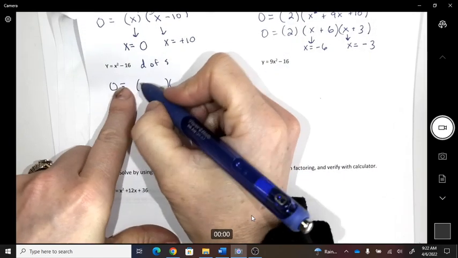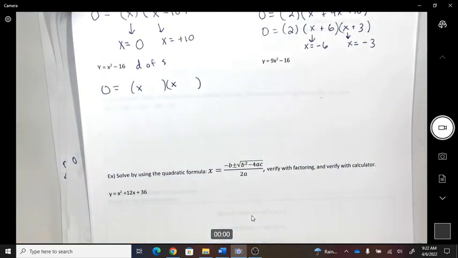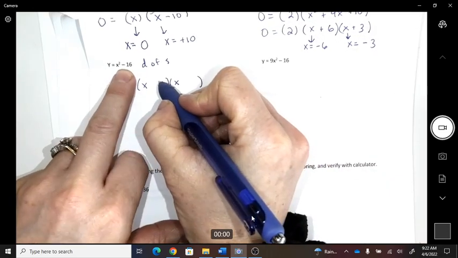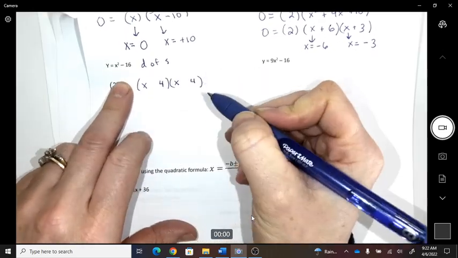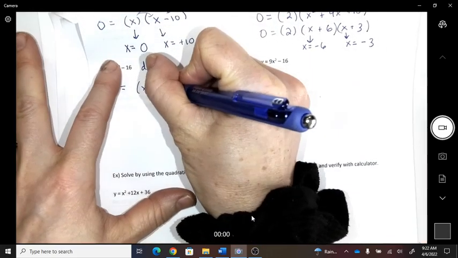I need an x times an x. I need a what times what to get 16. A 4 times a 4. And how do I make a subtract in math? With a plus minus.